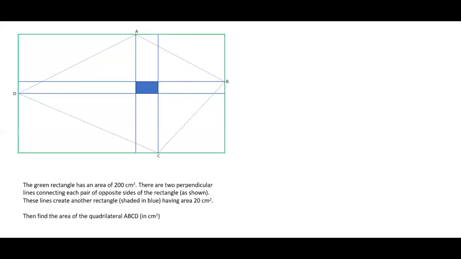So this AB is the diagonal of this rectangle. Similarly, this BC is the diagonal of this rectangle. The CD is the diagonal of this rectangle. And so on, the AD is the diagonal of this rectangle.